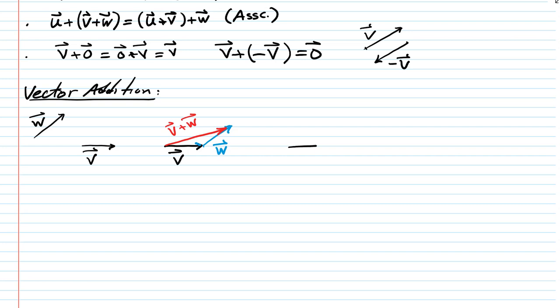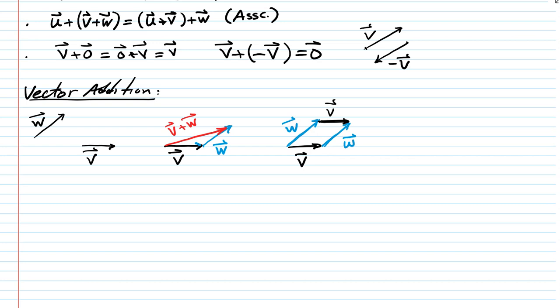Or we can use the parallelogram method. So for the parallelogram method, suppose this is vector v, vector w. I'm going to actually draw it here. And then I can form a parallelogram this way. I'm drawing an equivalent vector w on the other side, and the vector v would be the other side of that parallelogram.